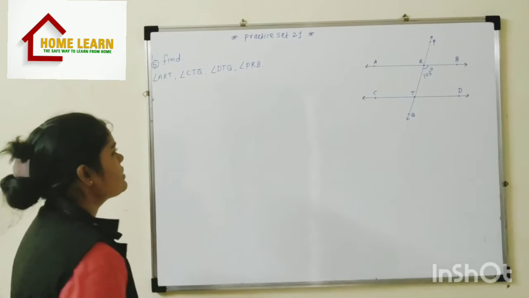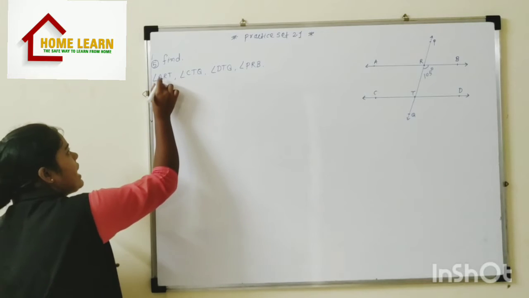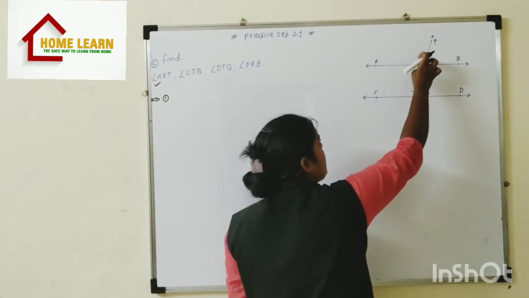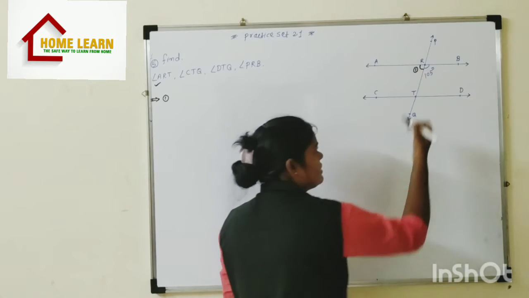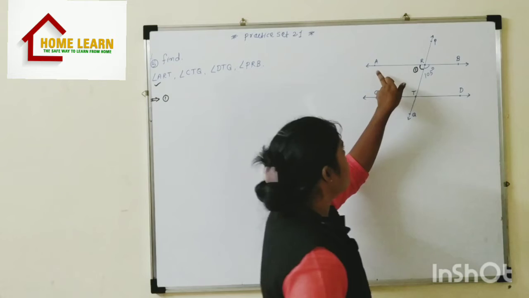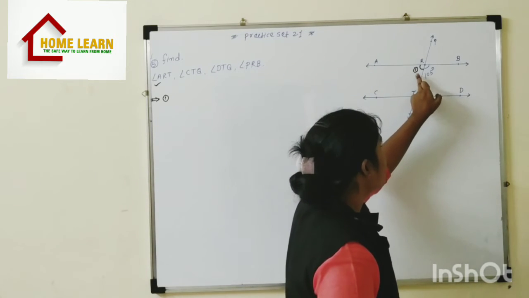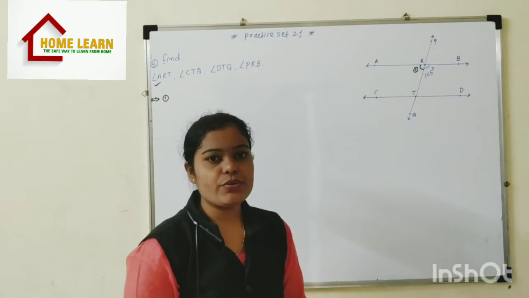Okay, let's have the solution first. For angle ART, see here, we have to find this angle first. Now you can see that AB is a line and these two angles are a linear pair, and we know that linear angles are supplementary to each other.